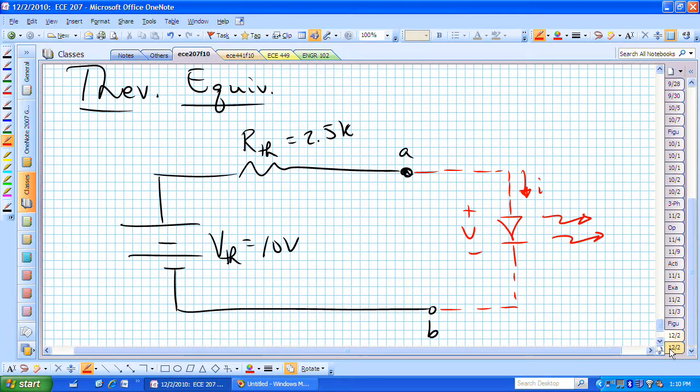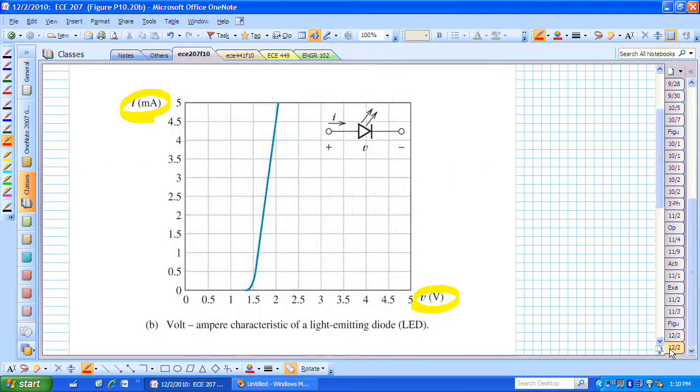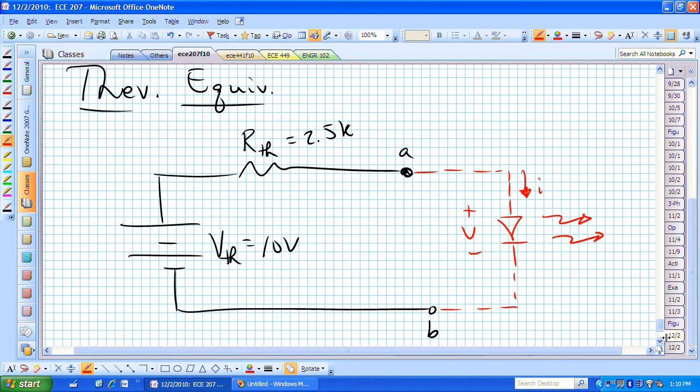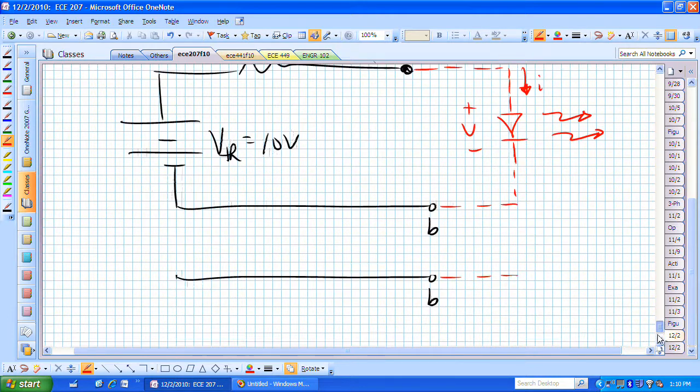And remember, the diode has this particular current voltage characteristic. And now what we can do is use this circuit to find the load line.